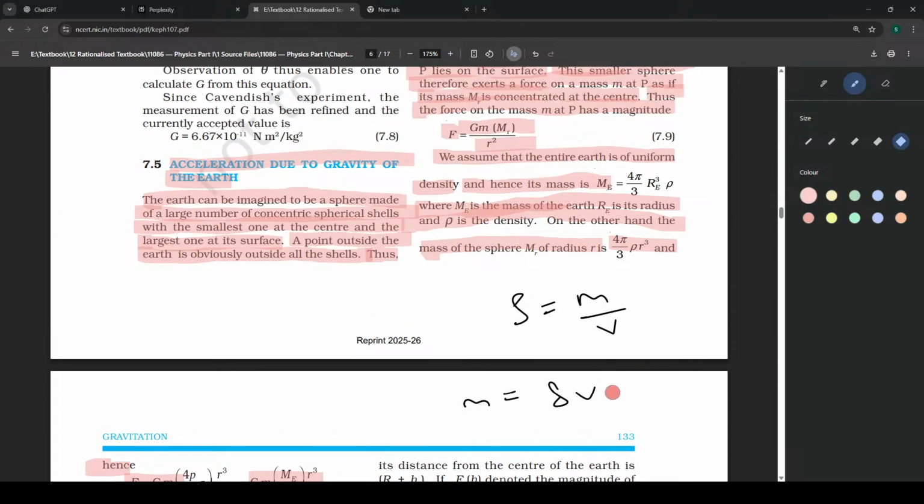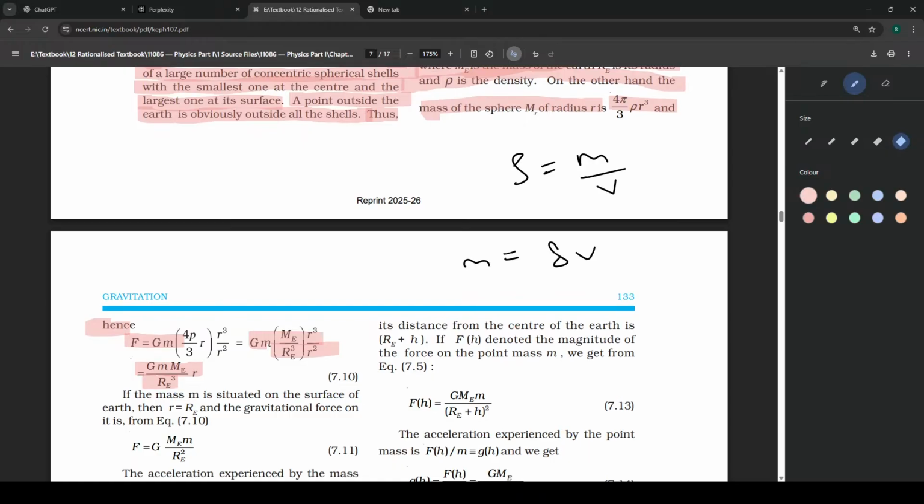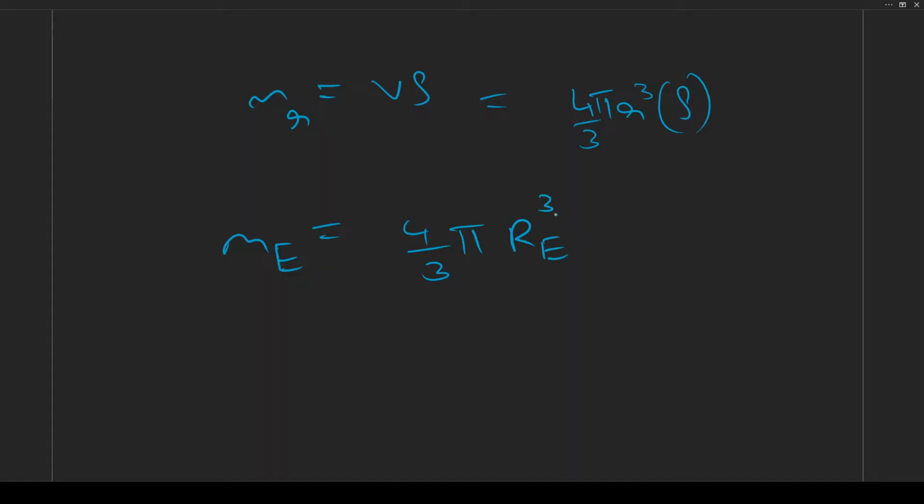What they did here is: mass equals volume into rho, which is 4 by 3 pi r cube rho for the inner radius. Now the mass of the total Earth is 4 by 3 pi Re cube rho.